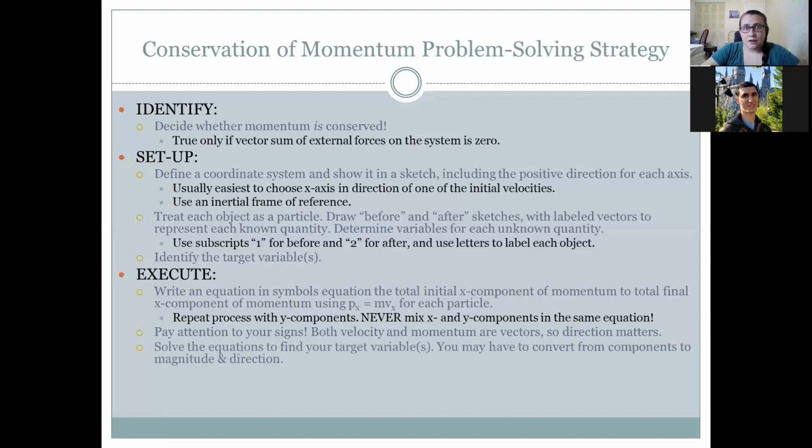And then, of course, we're going to solve our equations to find that particular quantity that we're interested in. So keep in mind, you might have to convert into components or from components into a magnitude and direction, depending on what your question is asking you to do.